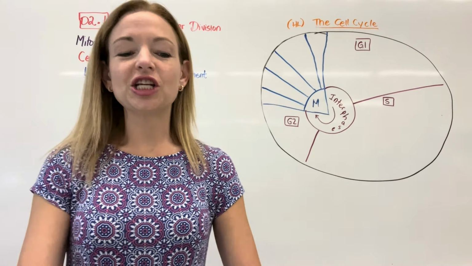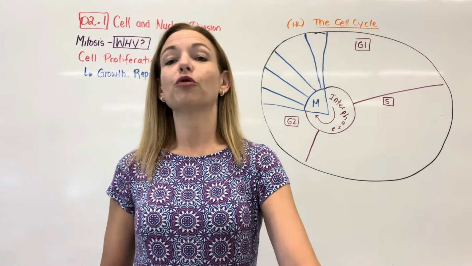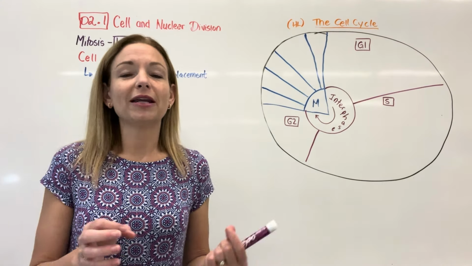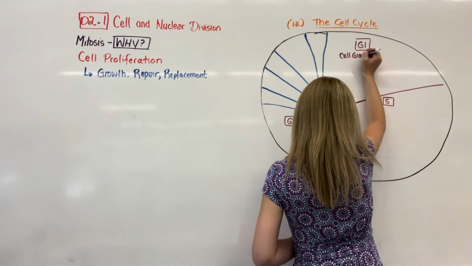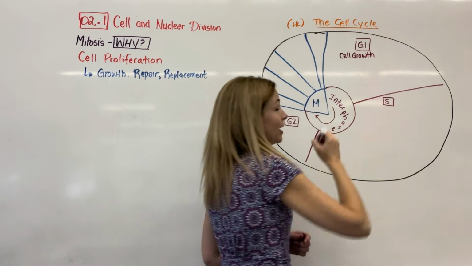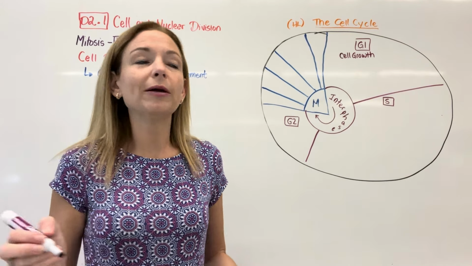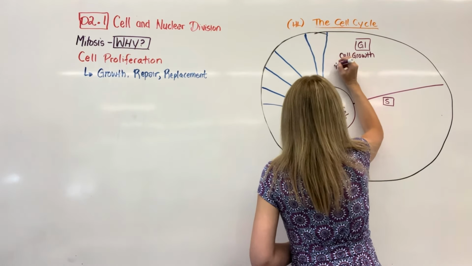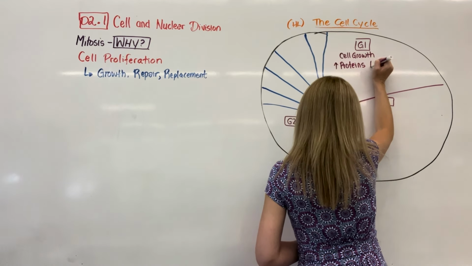Okay, so in G1, if the cell is going to start to work towards division and we want to not end up with just a bunch of tiny cells, the cell is going to grow during this time. So G1 is going to be cell growth. And included in that time period is that we're going to make building blocks. So we're going to increase the number of proteins and increase the number of nucleic acids.